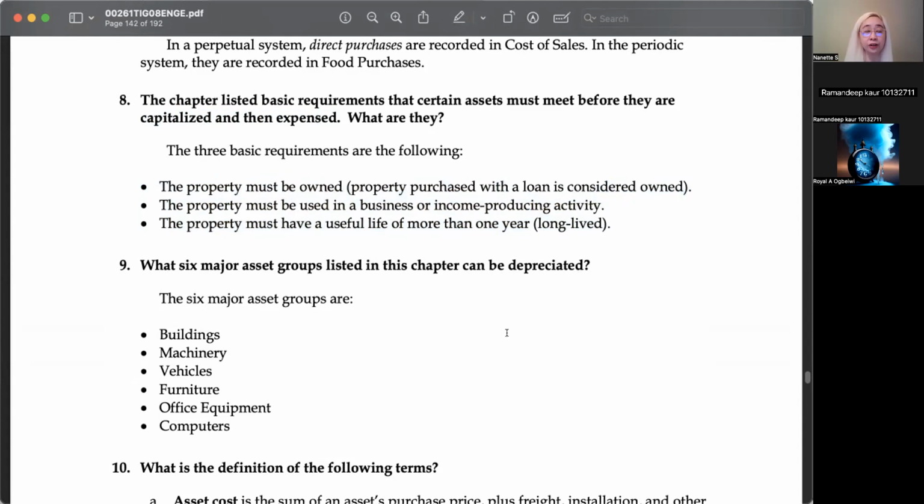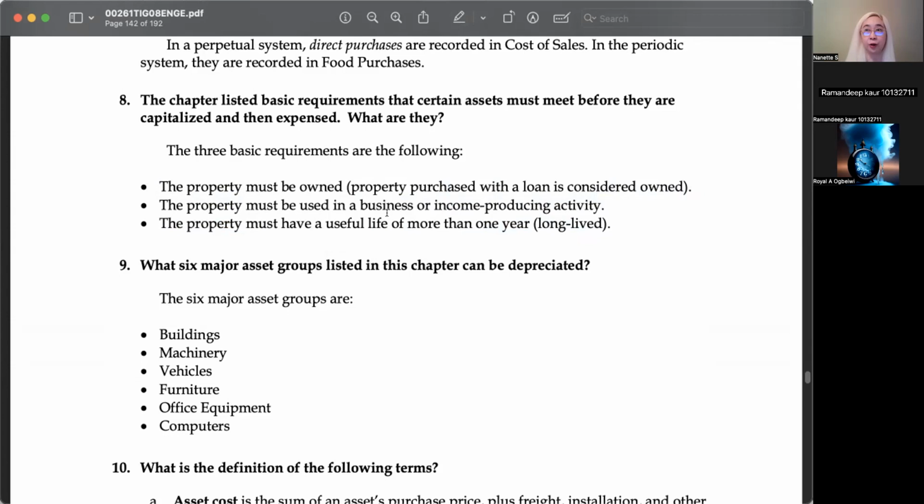Right. So how do you consider property as commercial or residential, or if it's personal or business? So here, it must be owned by the business owner, or even if it's on mortgage or loan, it's still considered as owned. Now, it has to be used in a business setting.